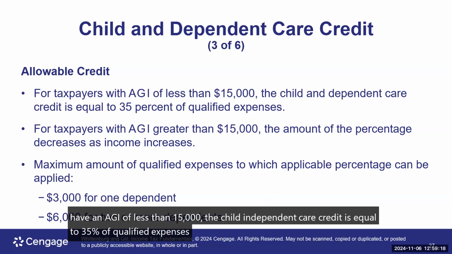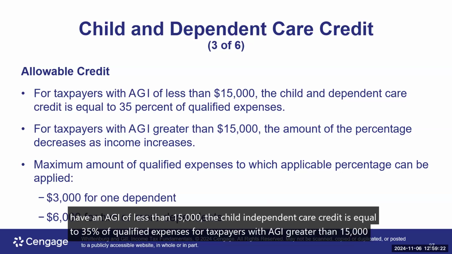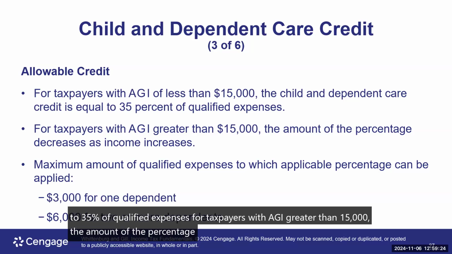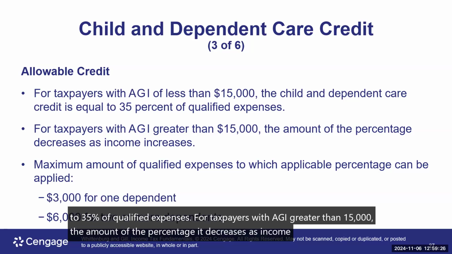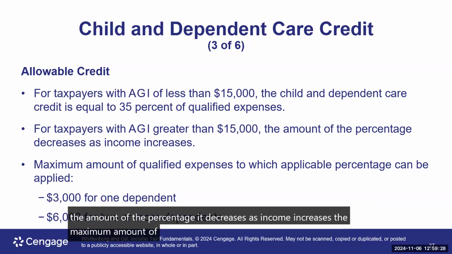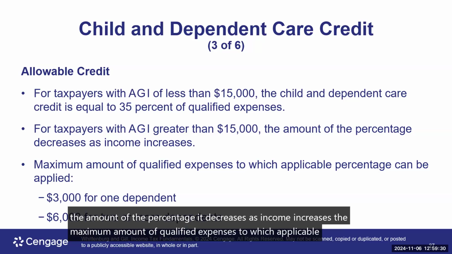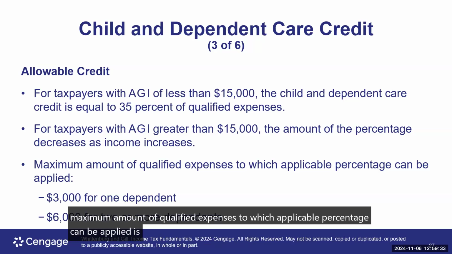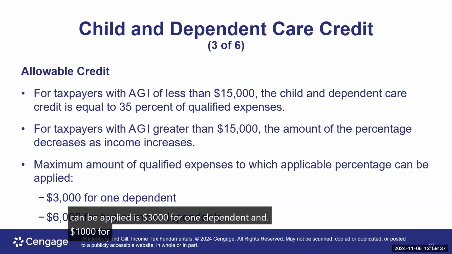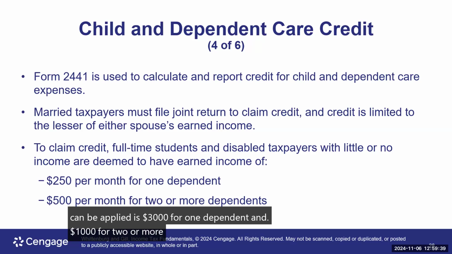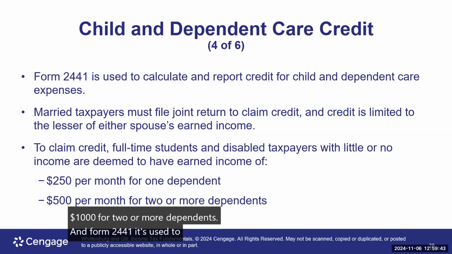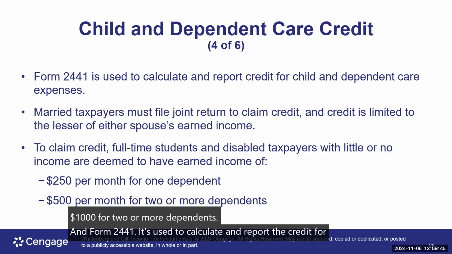For taxpayers with AGI greater than $15,000, the percentage decreases as income increases. The maximum amount of qualified expenses to which the applicable percentage can be applied is $3,000 for one dependent and $6,000 for two or more dependents. And Form 2441 is used to calculate and report the credit.